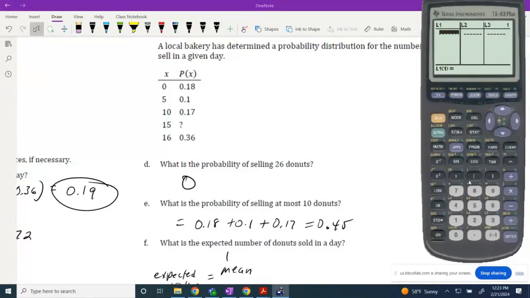So I'm going to put in these values again, 0, 5. Remember that 15 donuts was 0.19.